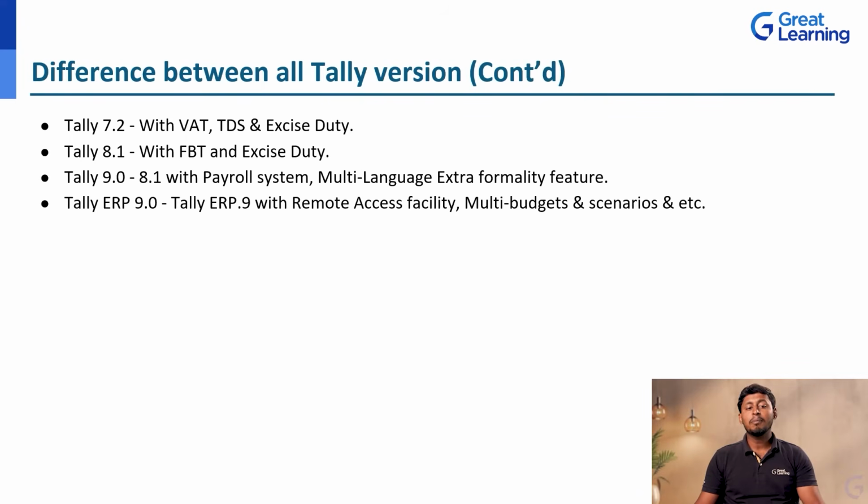Next, Tally 7.2. In this 7.2 version, they have added VAT, that is value added tax, TDS, that is tax deducted at source, and excise duty. Because of whatever changes or rates are there for VAT, TDS and excise duty on goods and services, they have updated Tally 7.2 with them.